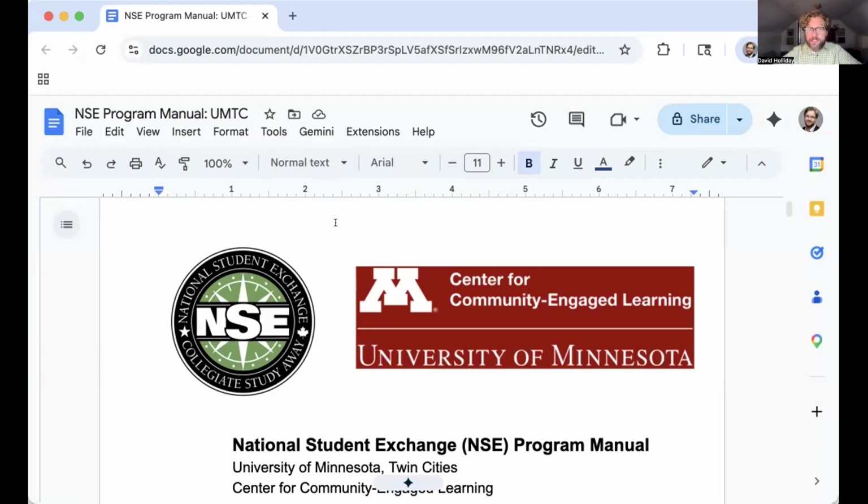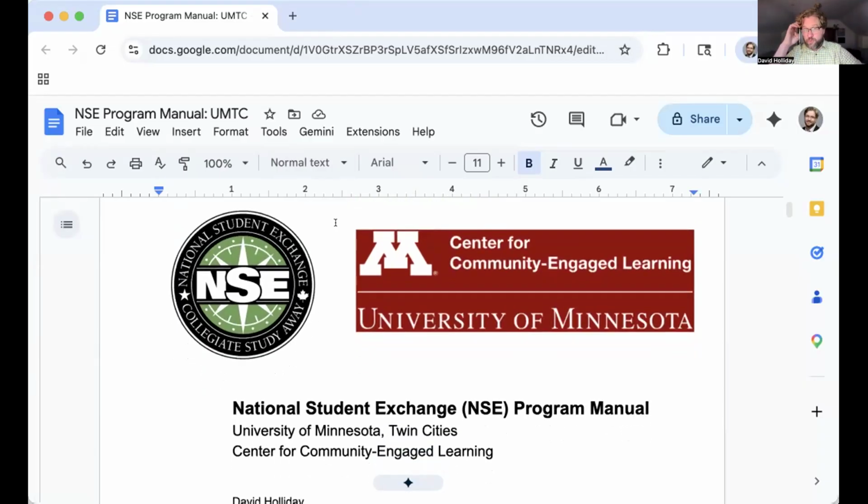But this is really a more detailed and expanded version of what I just went through that will put in writing all of my key processes and procedures so that, if I were to ever move on from my position, I'm able to hand this to the next person, my replacement, and they'll be able to hit the ground running.